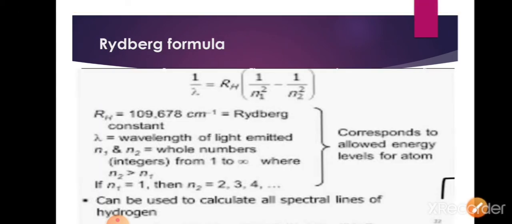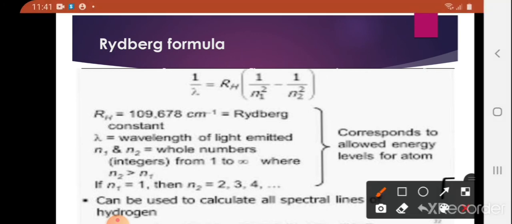I told you earlier that the hydrogen spectrum consists of several series. So Johannes Rydberg, a Swedish spectroscopist, described all these series with a general expression. This is the general expression for the series we can see in the hydrogen spectrum.